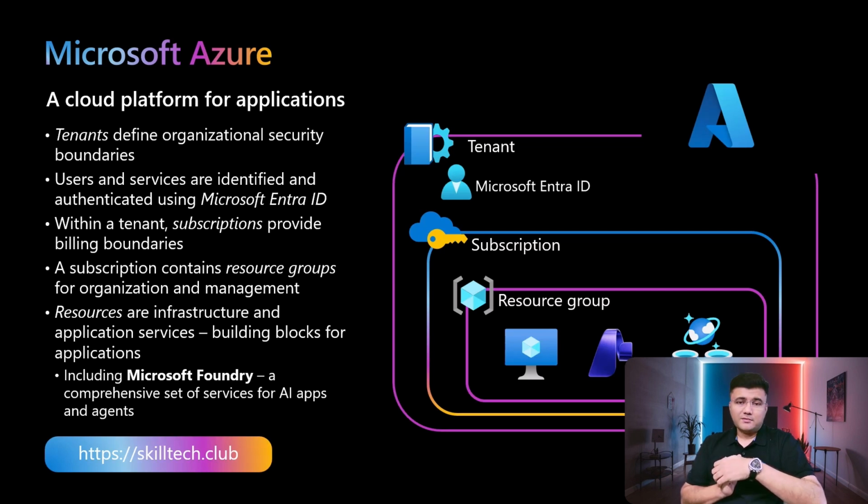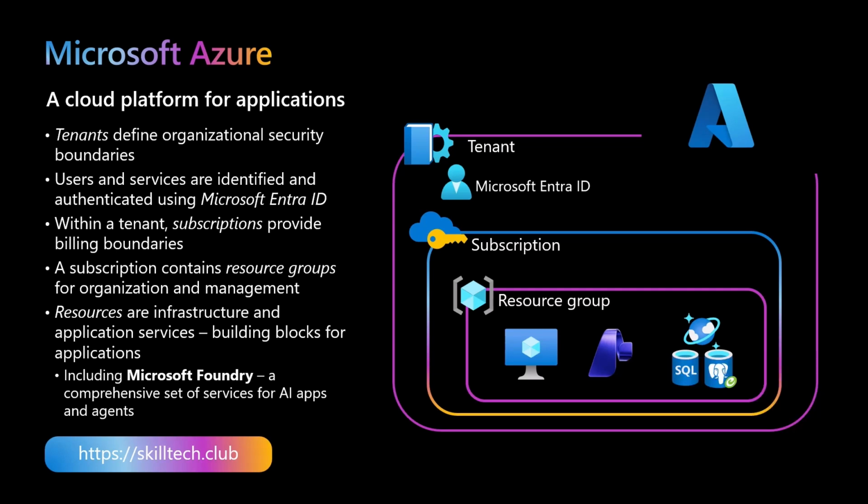Under that subscription, you will be able to create multiple Azure resources. When I say resources, an Azure resource can be a database, an application, maybe a virtual network, or maybe some kind of an AI agent. It can be anything. Whatever you're creating inside Azure Cloud is known as a resource. And that's why in between resource and subscription, you have something called a resource group.